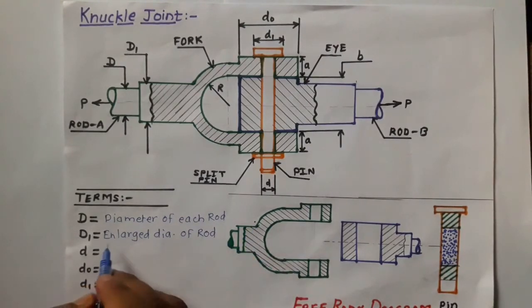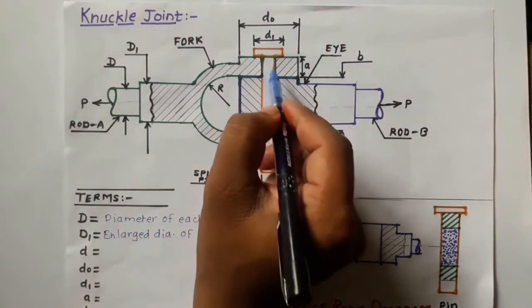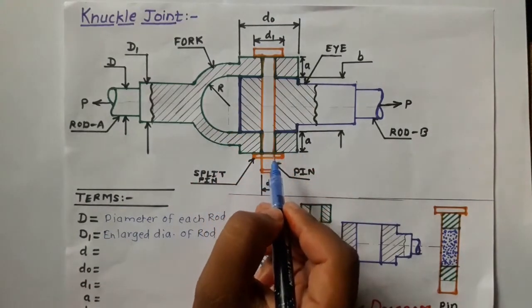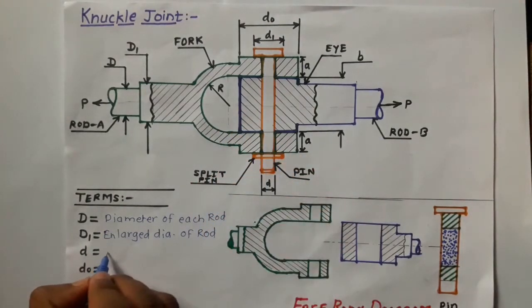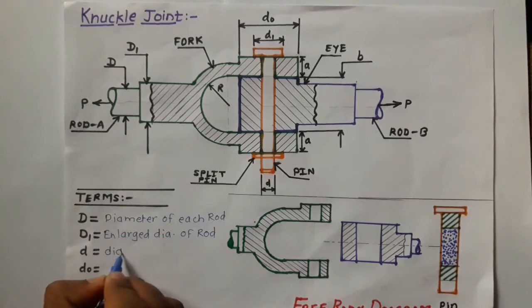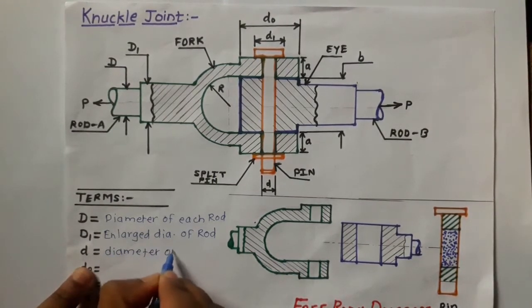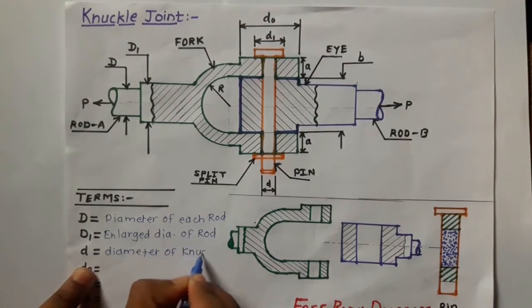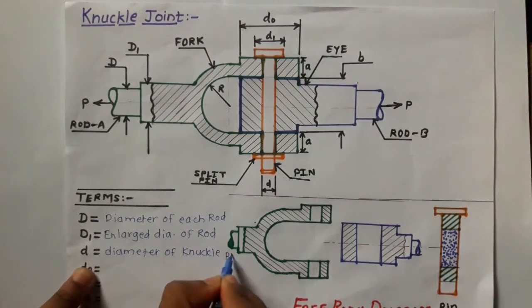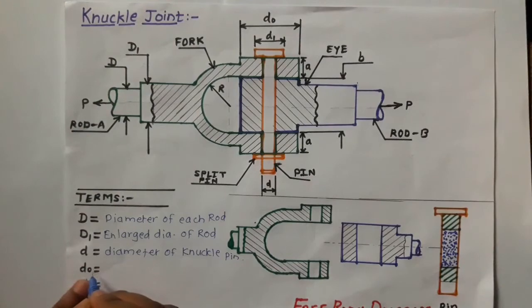Now next is small d. Small d is the diameter of the knuckle pin. So we can write small d as the diameter of knuckle pin. The next is do.